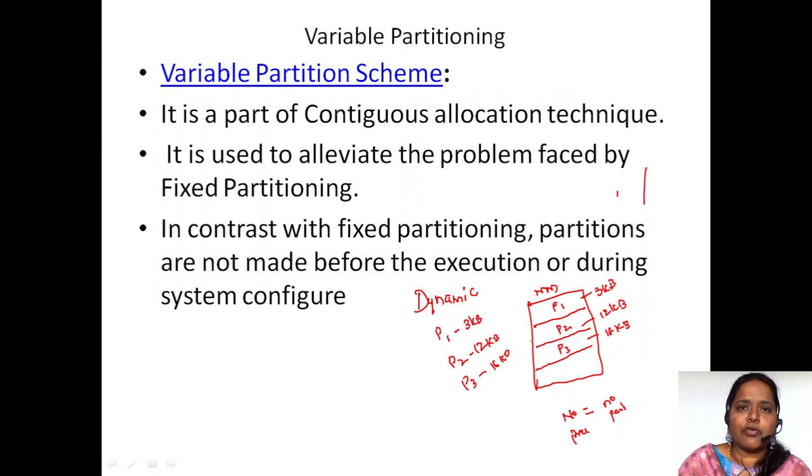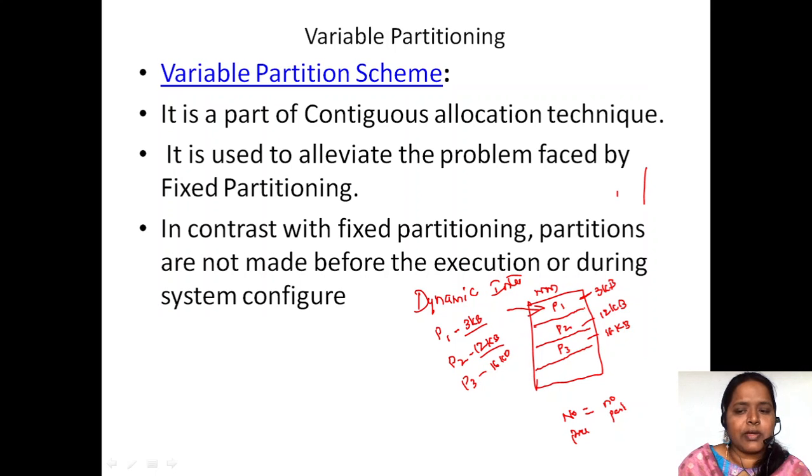So here we don't have internal fragmentation. Why? Because there is no space left over. P1 needs 3 KB, so we keep 3 KB only.